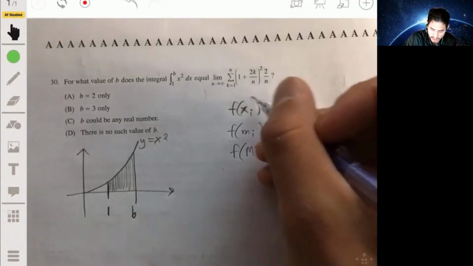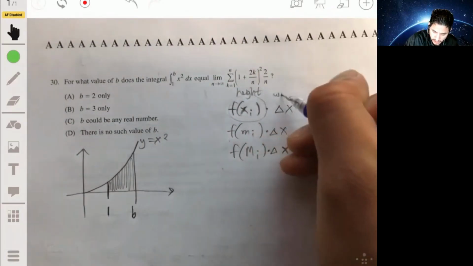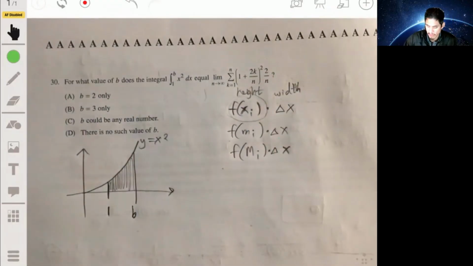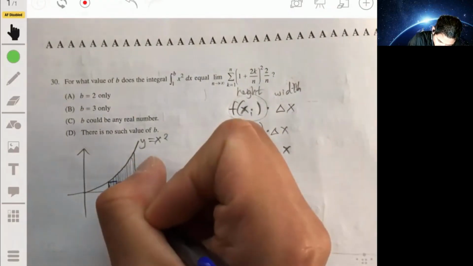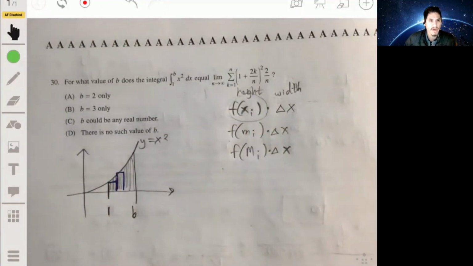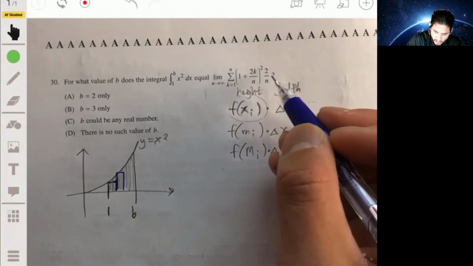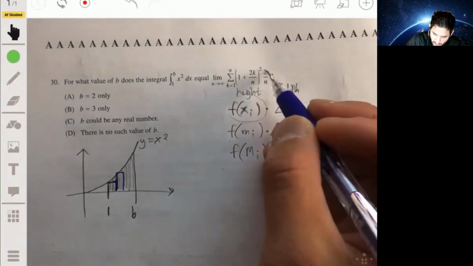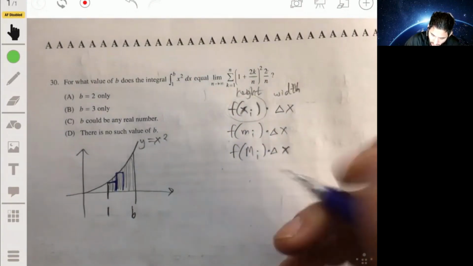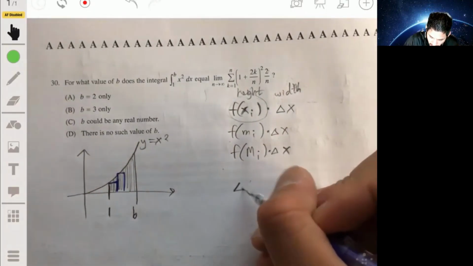But you want to understand this is going to be the height, and this is the width of each rectangle. So remember, you're making rectangles, and 2 over n is the width. For the width of each i-th rectangle, we would use delta x.